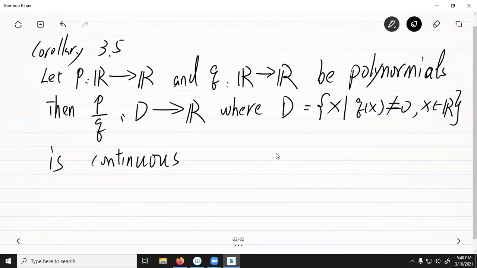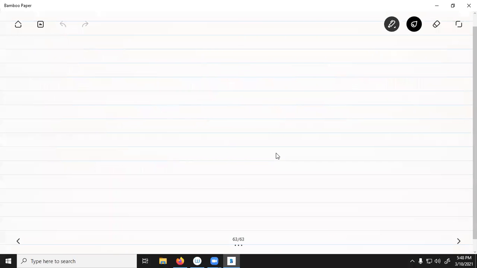This is this result. Now let's look at the next theorem, which is about the composite function. When we learn calculus, we also know that a composite of two continuous functions is still a continuous function, right? Theorem 3.6.